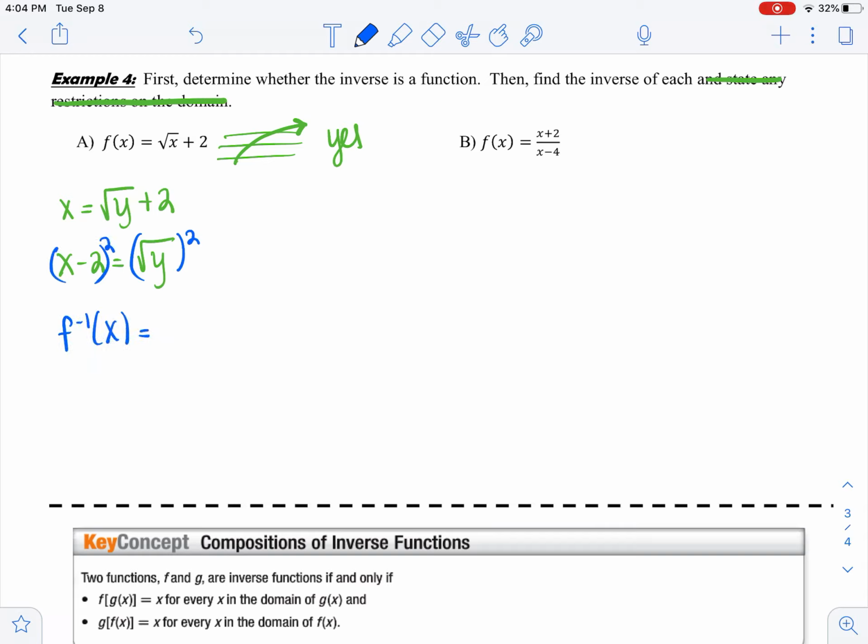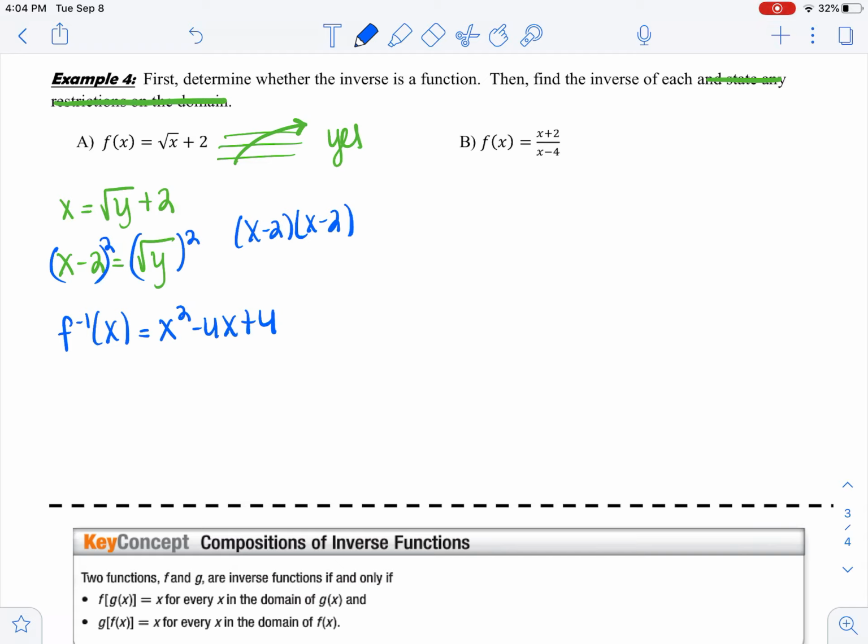So I have f inverse of x is equal to x minus 2 squared. So I'm going to go ahead and expand that. On your test, if there's a problem like this, it'll say expand any answers. So x minus 2 times x minus 2 is x squared minus 4x plus 4.